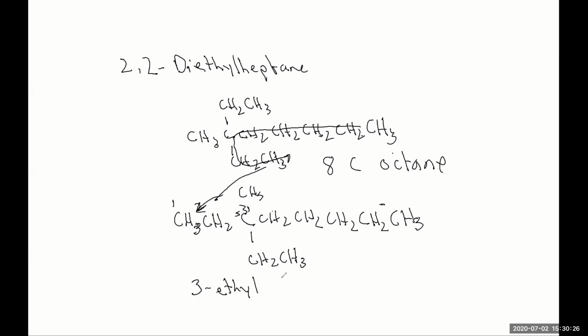E goes before M, 3-methyl, octane. Okay, so this is the proper way to write this. And if we did a line angle formula, 1, 2, 3, 4, 5, that would be the line angle formula for that one.